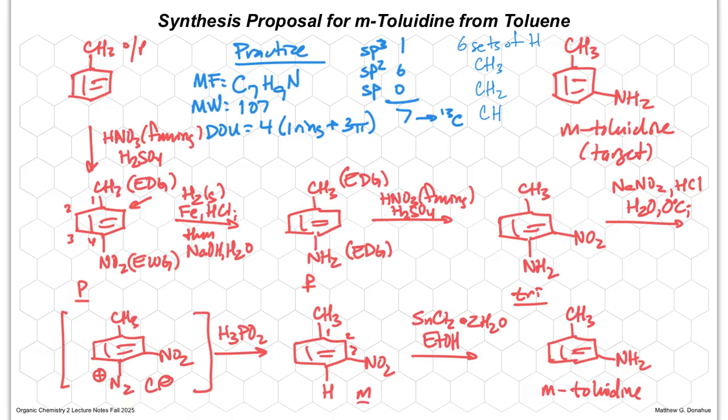So let's further classify those 6 sets. How many sets would belong to CH3 groups? So 1. How many would belong to CH2 groups?